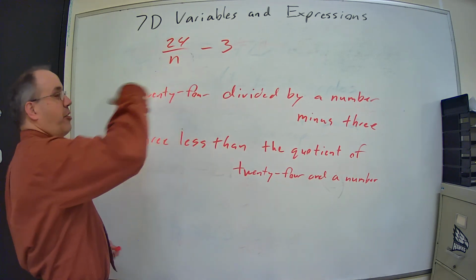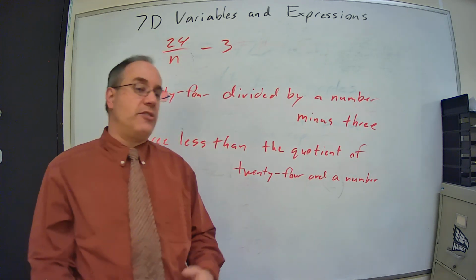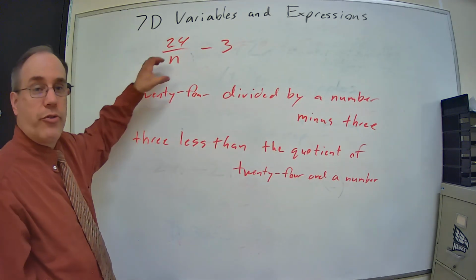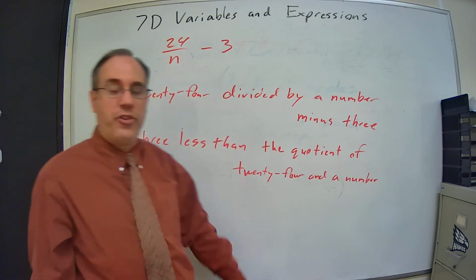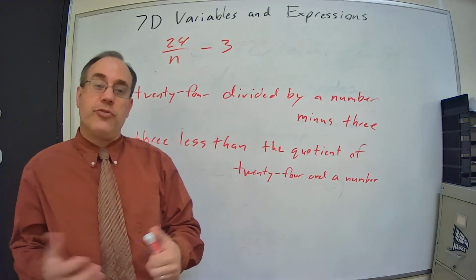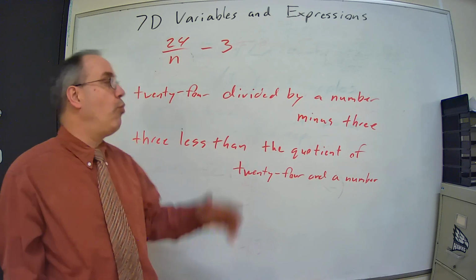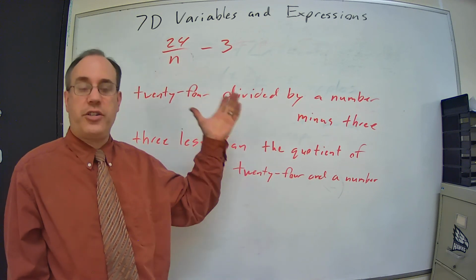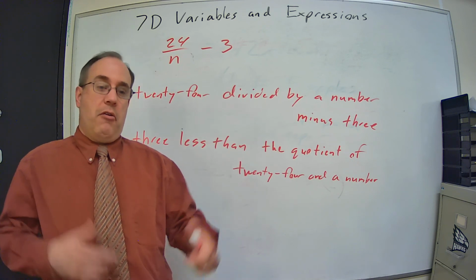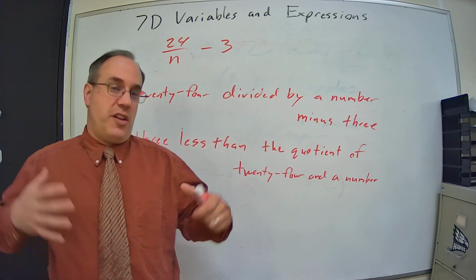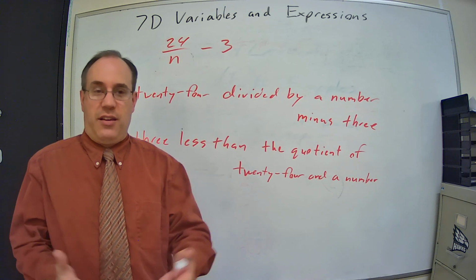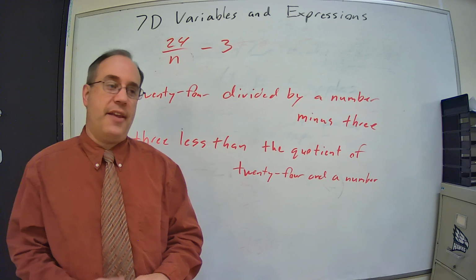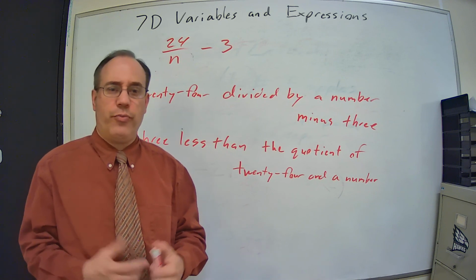That could be n, it could be x, it could be a symbol, like the artist formerly known as Prince and the little symbol that he had. So it doesn't really matter what variable you use when you're coming up with your expression or equation, but you will find that many times there is a set variable that tends to be used for certain things, and we'll get to take a little look at that later on.